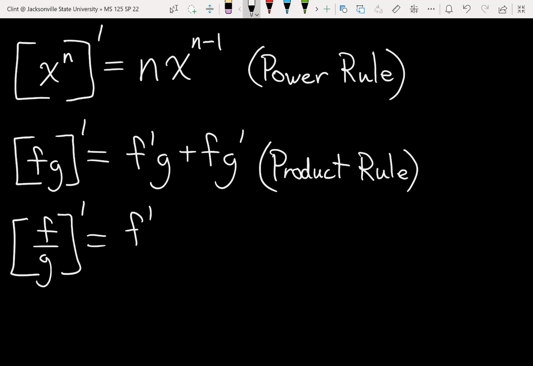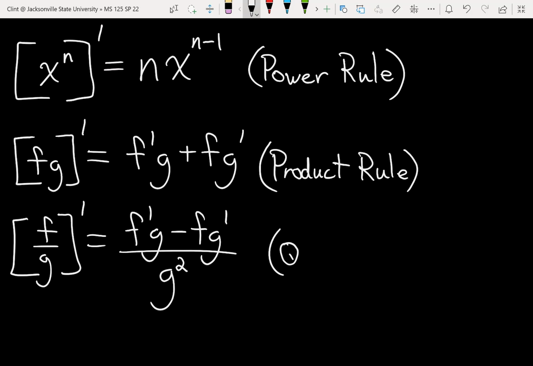Quotient rule have f g prime minus, no, f prime g, sorry, minus f g prime over g squared. And then we had the chain rule.